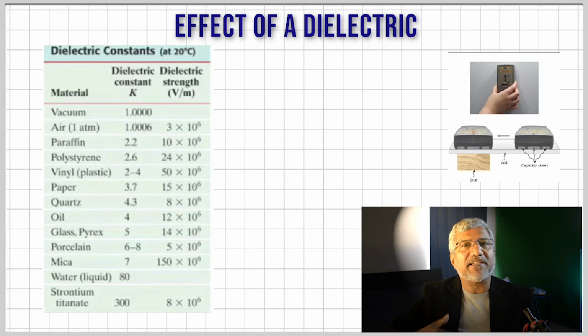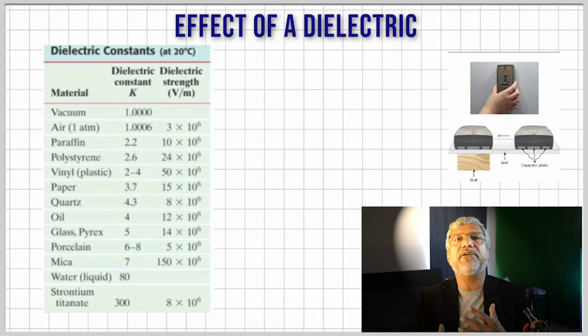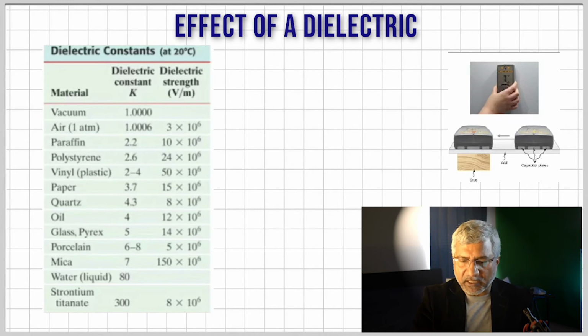So when you see lightning, you know air is a conductor, because the voltage is now more than the dielectric strength of air. As you go down, you can see the different dielectric strengths, and that's where mica wins because it has a higher dielectric strength. Its dielectric properties remain until you reach that threshold of 150 million volt per meter.